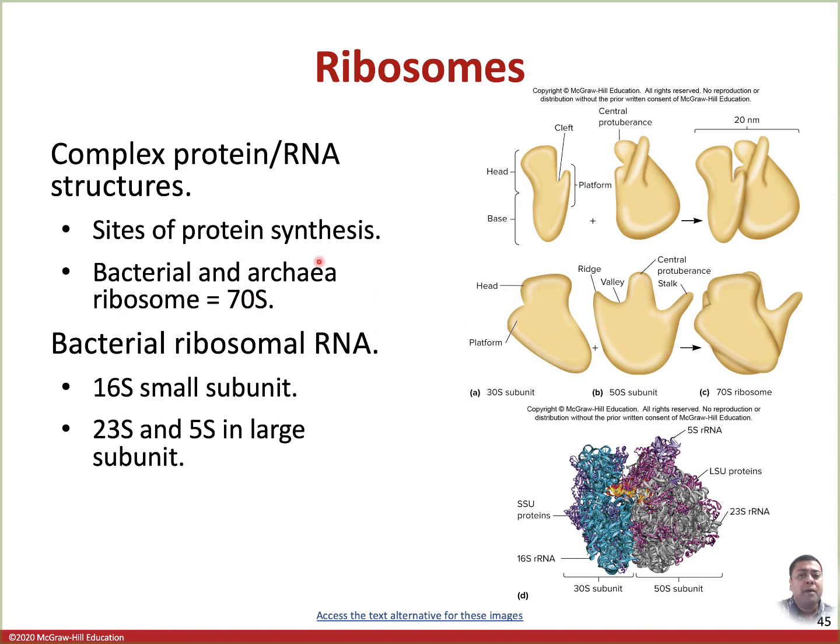So the Svedberg unit gives you a relative idea of where and when these structures are going to precipitate. Generally, a larger S value means it will precipitate faster than a smaller S value.